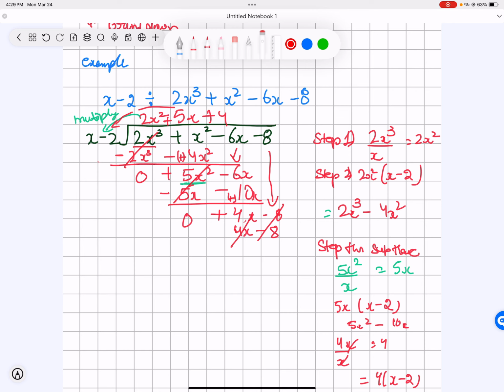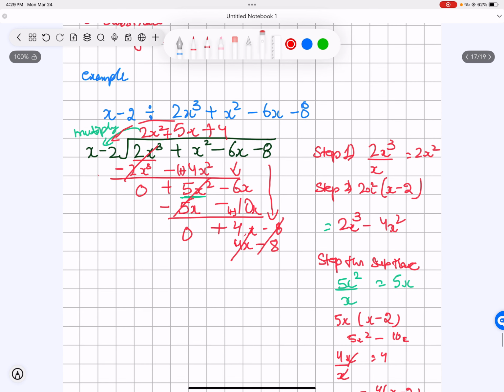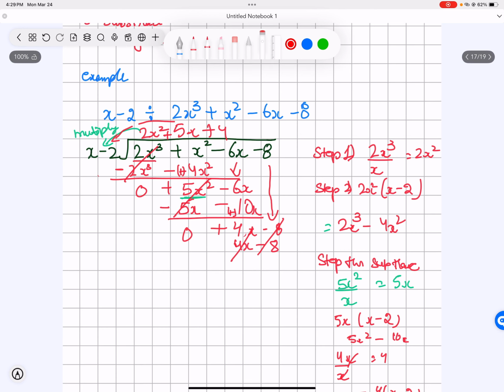And then I will write whatever I get here, and I subtract all this, and then I cancel that, and here I subtract x squared minus 4x squared, which gives me 5x squared, because if I minus a minus, then I get plus.